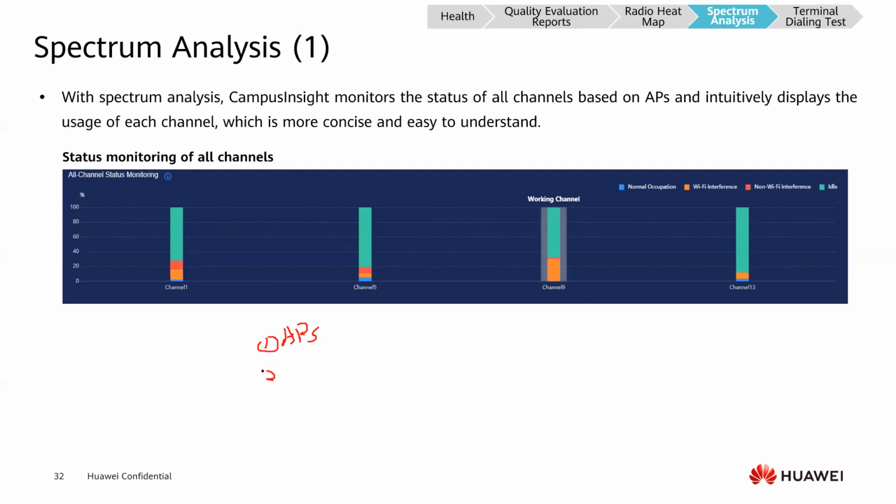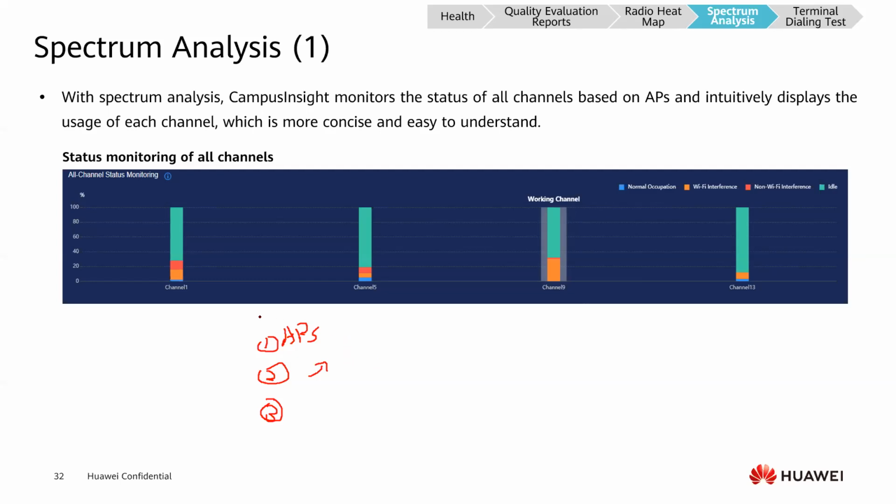Second, the APs will report the channel scanning data to the CampusInsight. And last, the CampusInsight will monitor the status of all channels by the AP in real time, and will allow the administrators to view the historical trend chart, the non-Wi-Fi interference source tabs, and the signal strength.